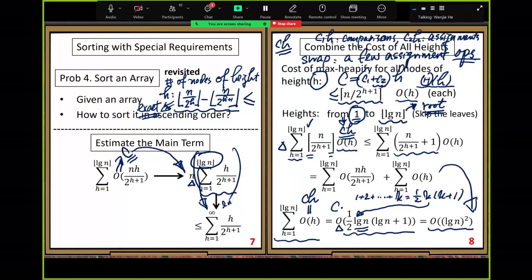Okay, enlarge it to infinity. Here you can see we are very generous. We add more cost, so we use a larger expression to estimate, a very generous estimate.